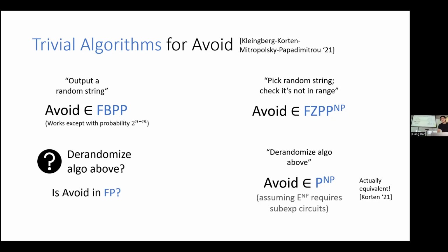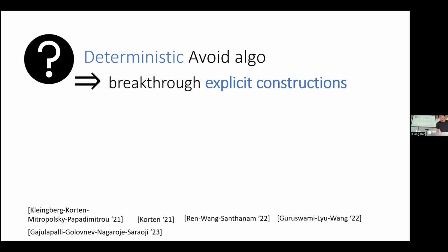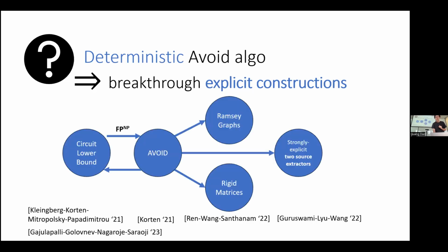So actually, if you got a deterministic algorithm for range avoidance, you will almost get everything in explicit construction. For example, with a deterministic algorithm for avoid, you will also get the circuit lower bound, that exponential time requires maximum circuit complexity.